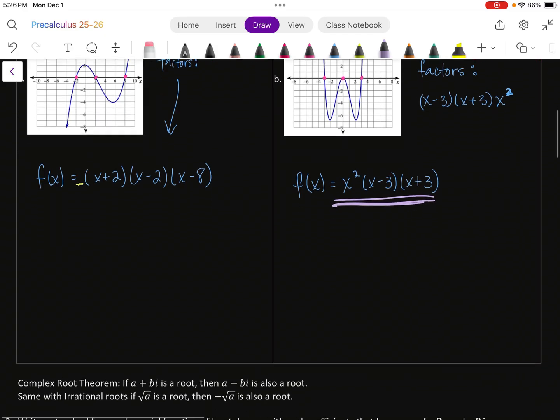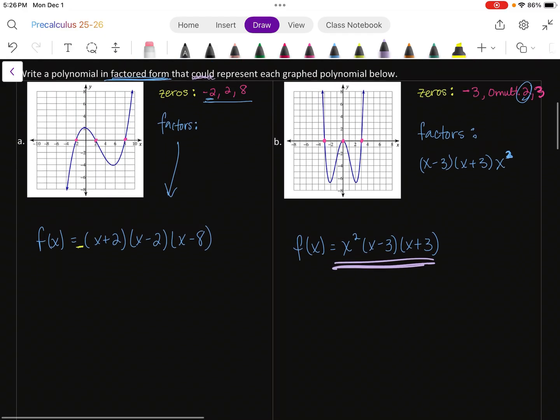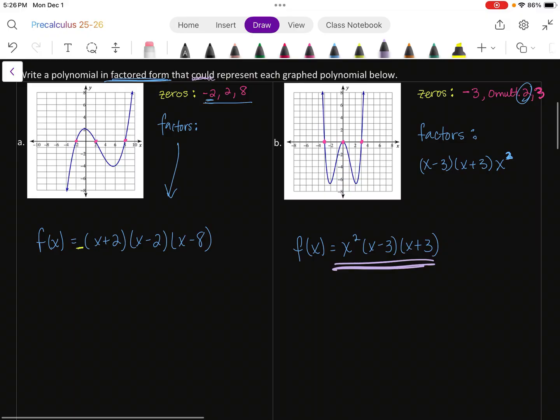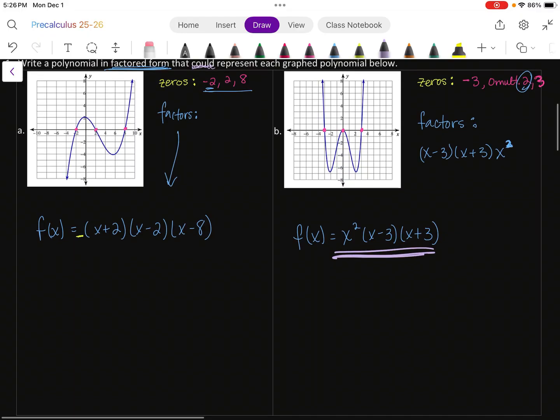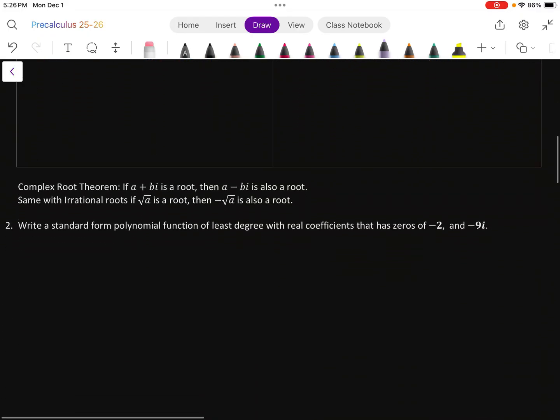All right, moving on, this is again in factored form. So the complex root theorem: if a plus bi is a root, then a minus bi is also a root. So those are complex conjugates.